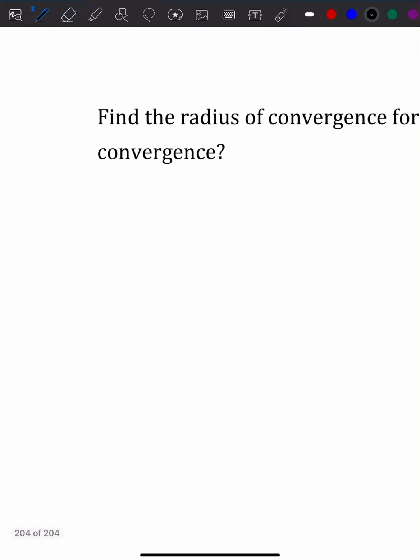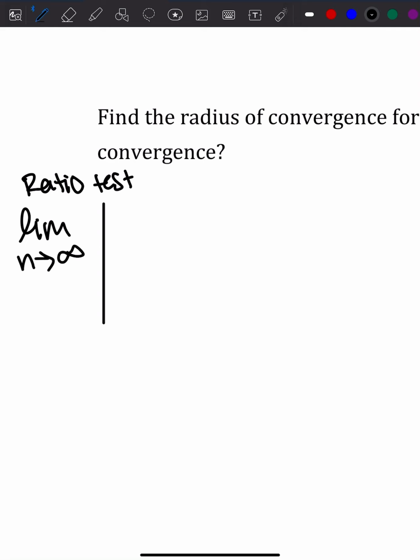So first thing we need to do is the ratio test for our series. So we have the limit as n approaches infinity of the absolute value of... in the denominator, we're going to have our original function.